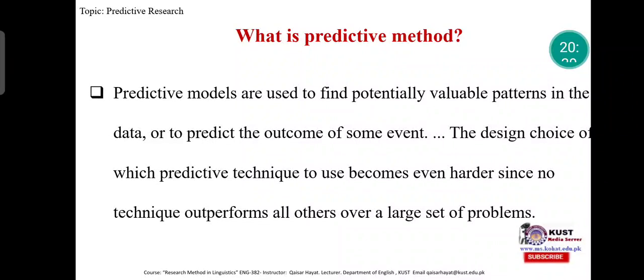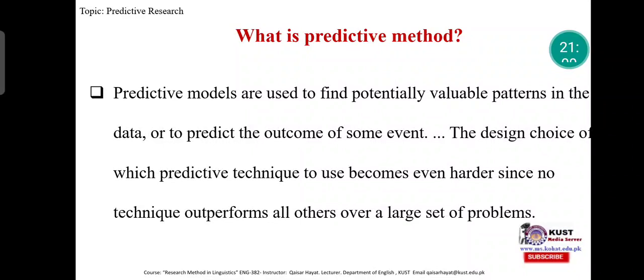Student, potentially valuable patterns to predict the outcome of some event. Actually what happened? It happened that a predictive model is capable of providing you prediction.